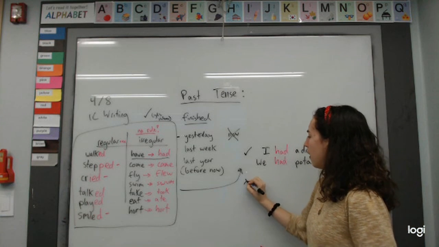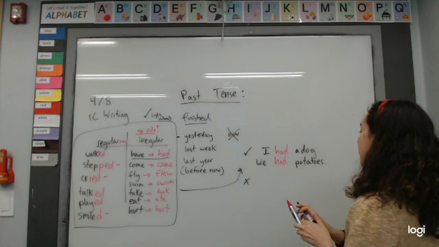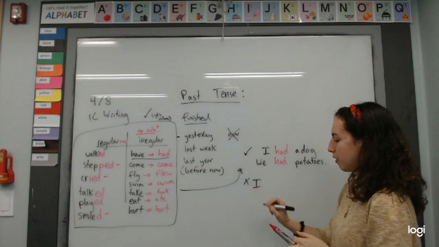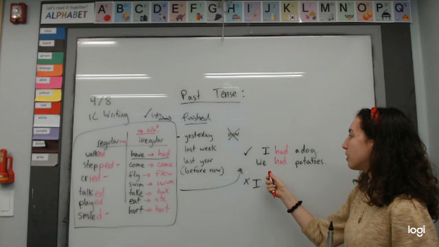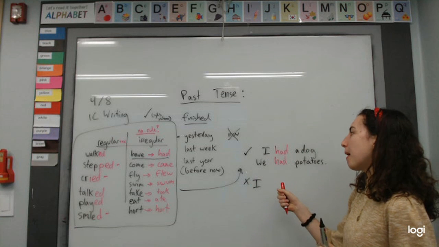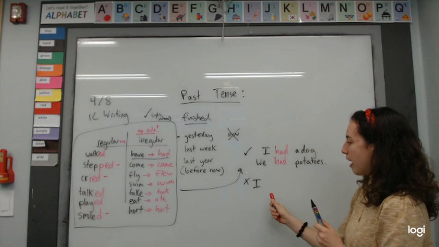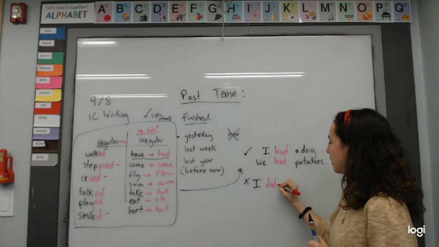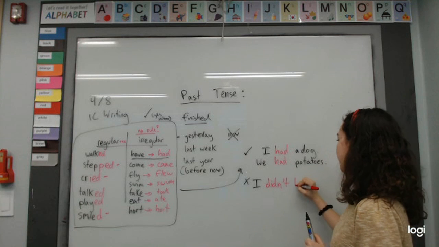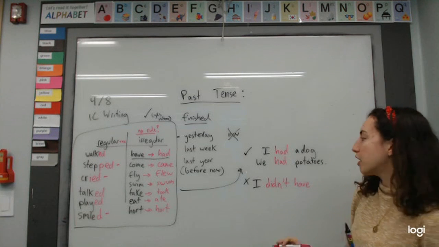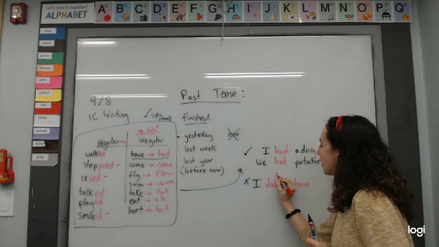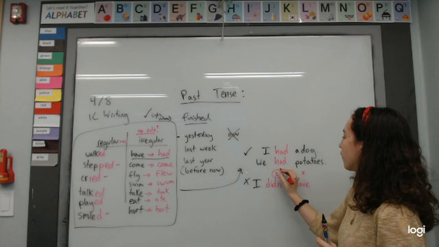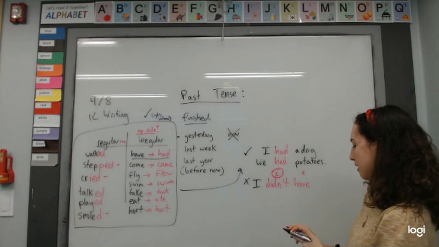For a no sentence, in the present we say I have, and then we say I don't have. So here we do the same thing. Do becomes did. So I didn't have. But here's a secret. When we write in past tense, we have two verbs. Only the first verb uses past tense.